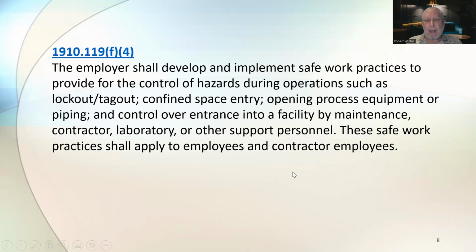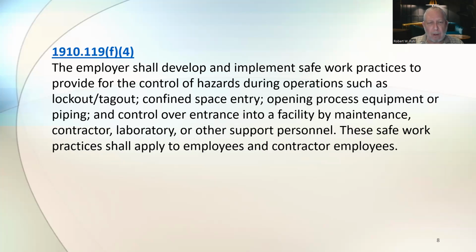The employer shall develop and implement safe work practices to provide for the control of hazards during operations such as lockout, tagout, confined space entry, opening process equipment or piping, control over entrance into a facility by maintenance, contractor, laboratory, or other support personnel. These safe work practices shall apply to employees and contractor employees.